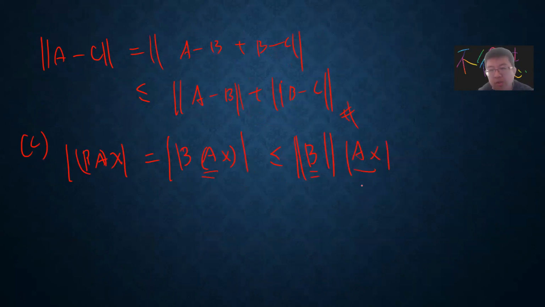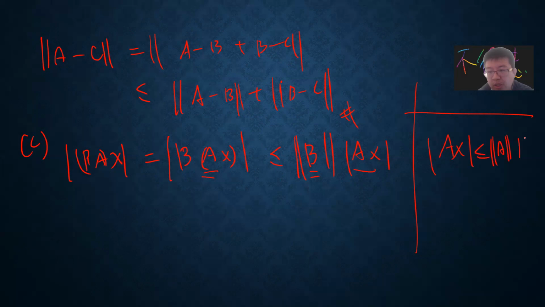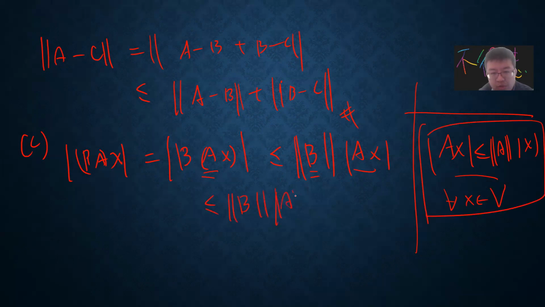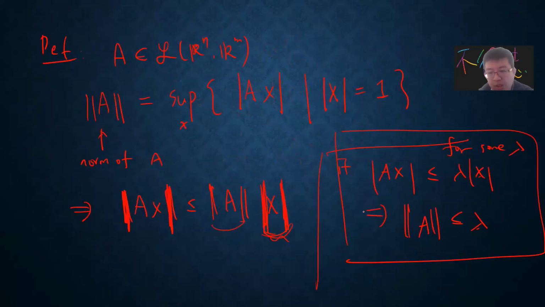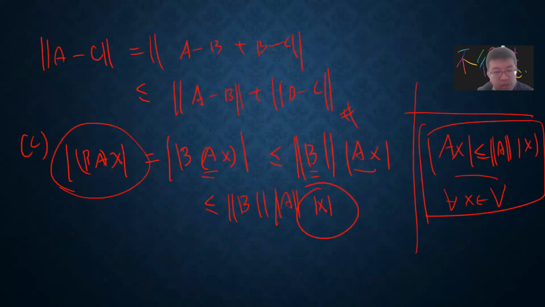And I use another fact a second time: remember that the length of Ax is less or equal to the norm of A times the length of x for any x in the vector space. So I use it a second time, and I get the norm of B times the norm of A times the length of x. And by the previous definition that I always use, the norm of BA is less or equal to the norm of B times the norm of A.